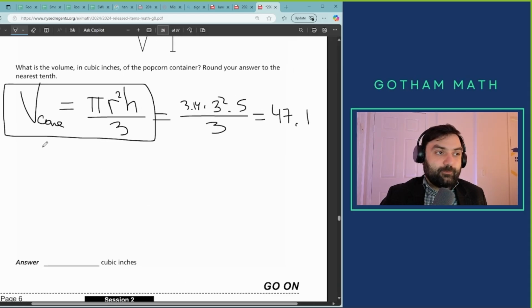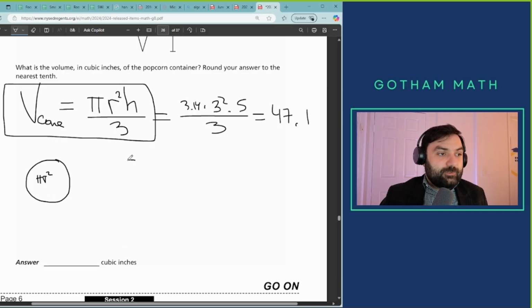the volume formulas for the cone and for the cylinder. It goes like this. Do you know the area of a circle formula? Everybody does. The area of a circle is pi r squared.